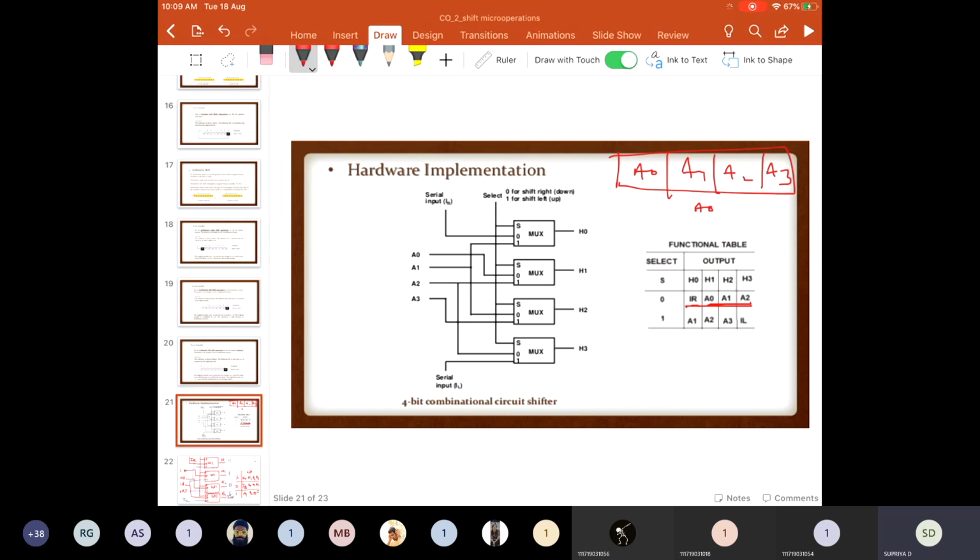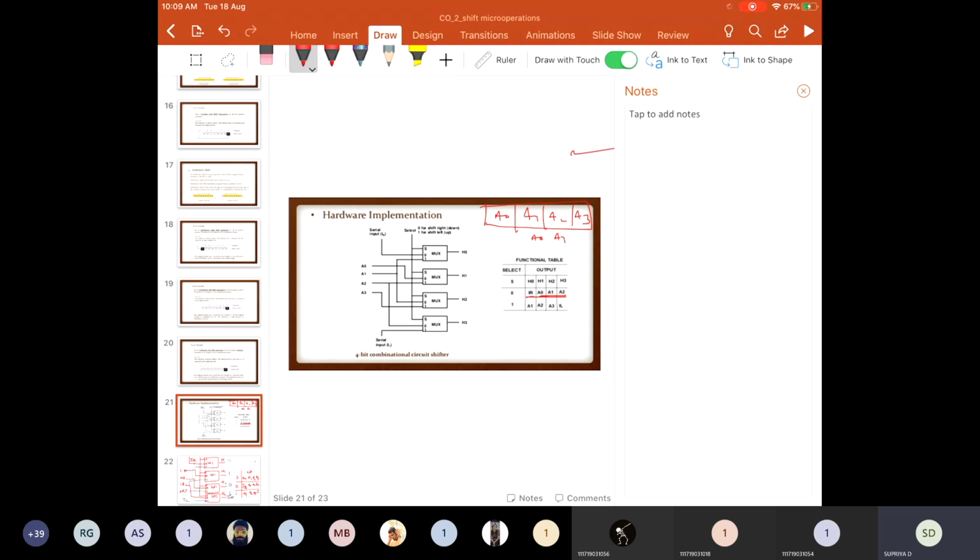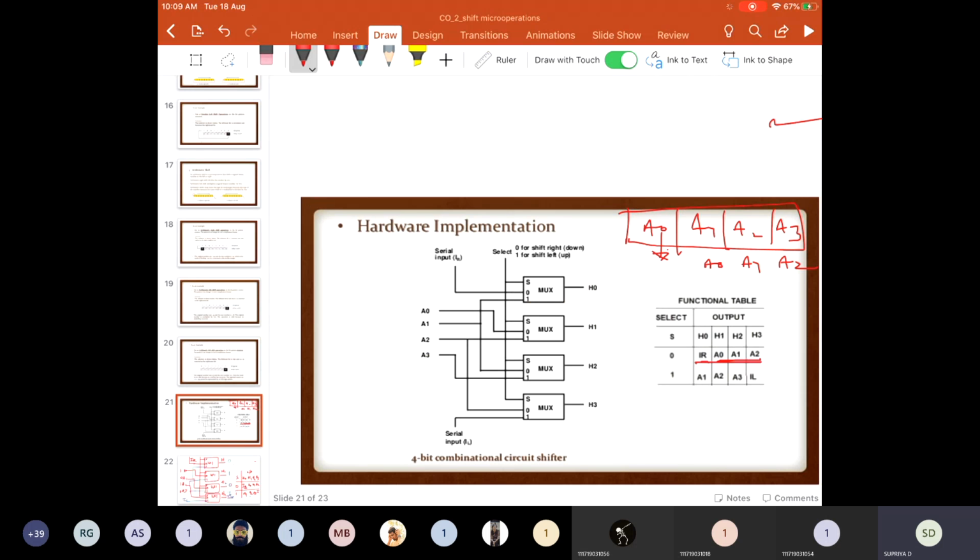You will get A0 at this position, A1 at this position, A2 at this position, and whatever the new data according to the type of the shift operation you are performing, the new data will be inserted in the most significant bit.